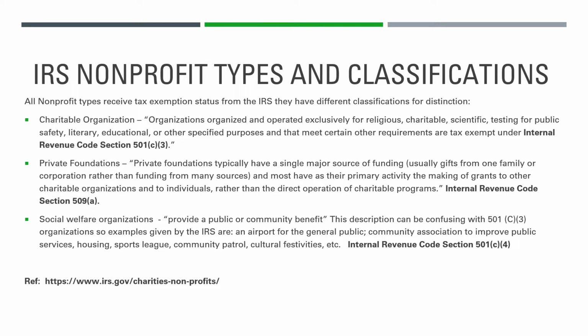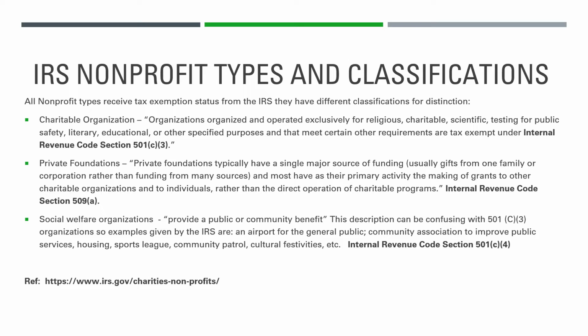So here are some examples of nonprofit types and classifications. There's charitable organizations, which is considered a 501c3. The IRS creates a very clear definition of what a 501c3 organization is.